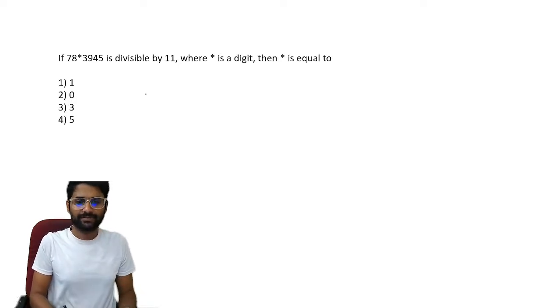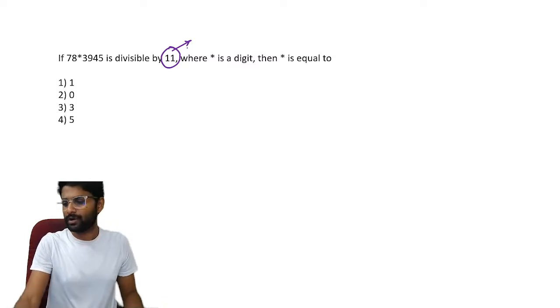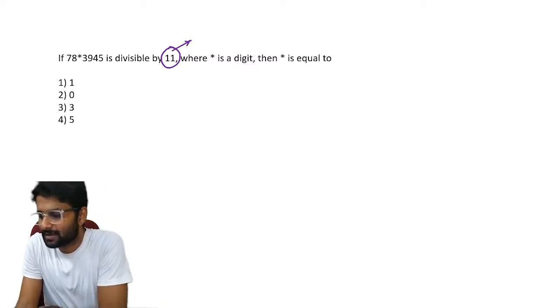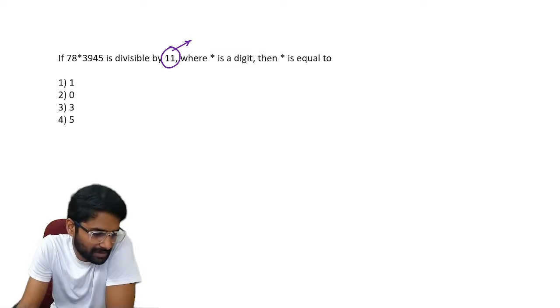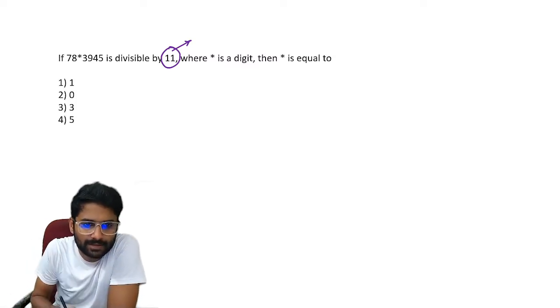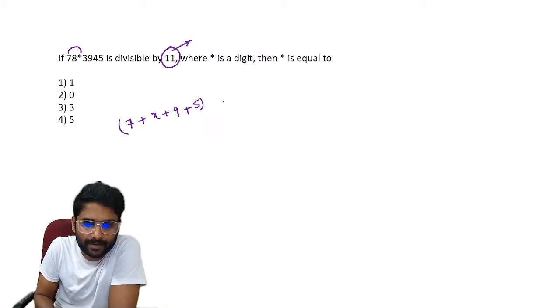Again, guys, divisible by 11. As you know the property, the sum of alternate differences, or sum of odd positions minus even positions. So here 7 plus x plus 9 plus 5, and 8 plus 3 plus 4.